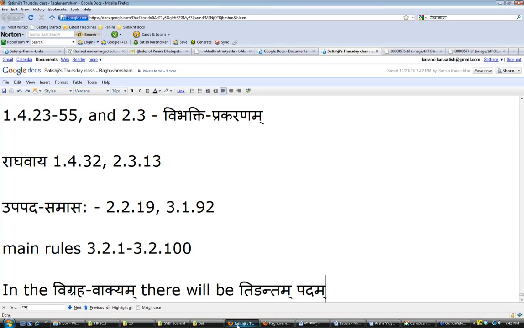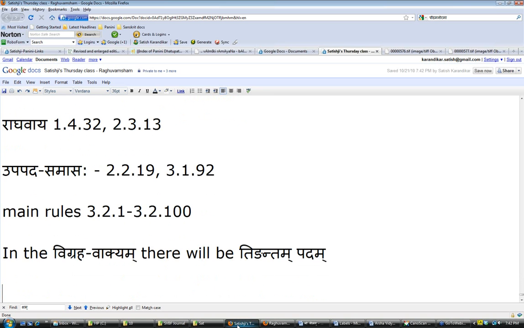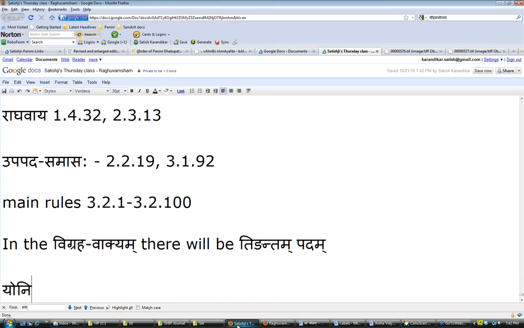So we say yonehe jayate iti yonija. If you do the technical Alaukika Vigraha Vakyam, you start with yoni, then put the panchami ekavachanam, nyasi, and then put the dhatu jan. The pratyaya here is da: jan plus da.